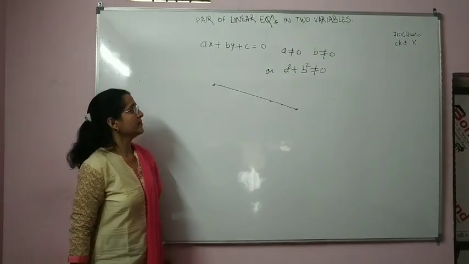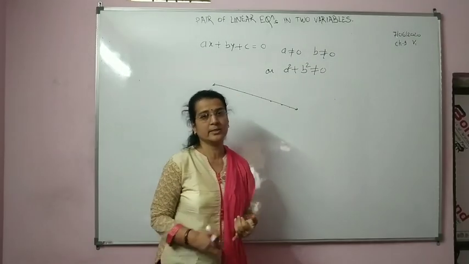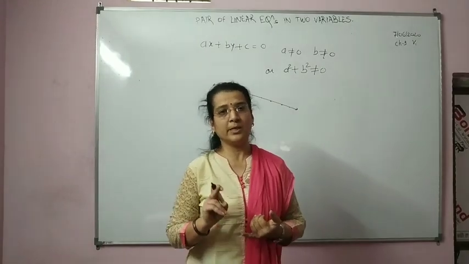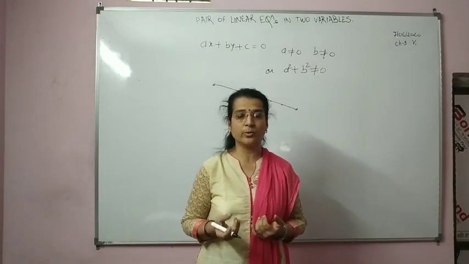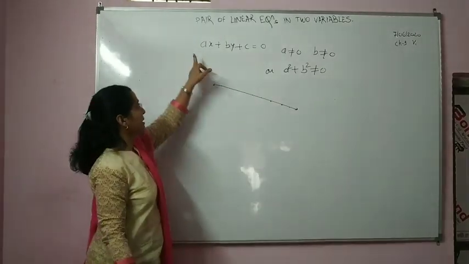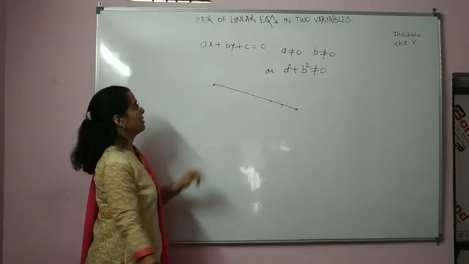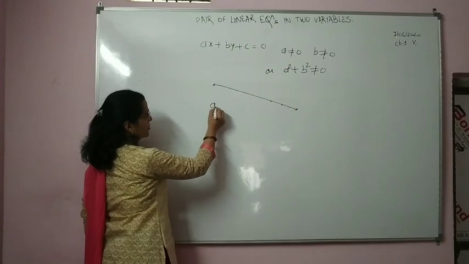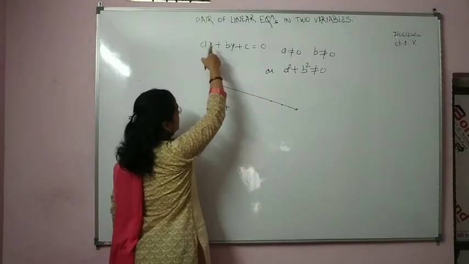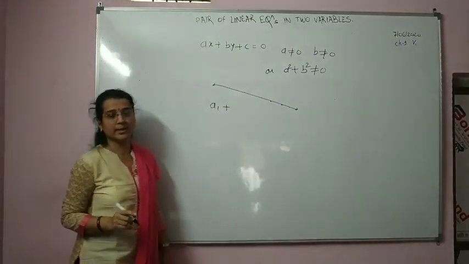Then this year, the chapter name is Pair of Linear Equations in Two Variables. So we have to take a pair. The standard form of a linear equation is ax + by + c = 0. For taking a pair, I will change the values a, b, c, because they are real numbers.